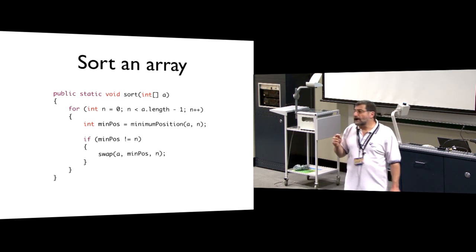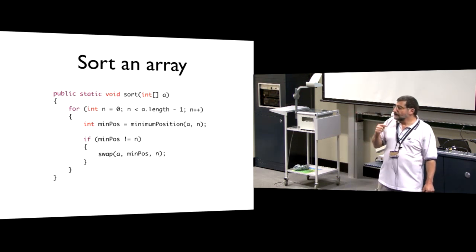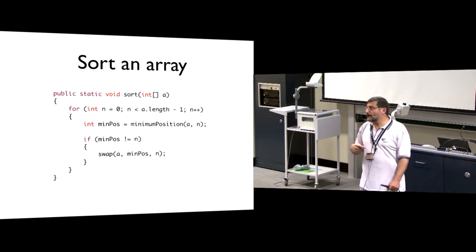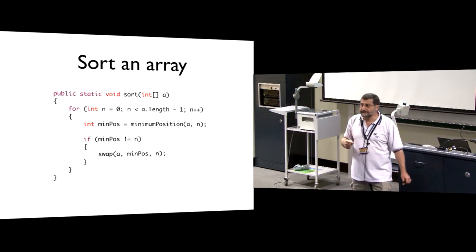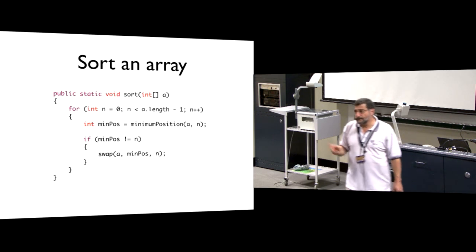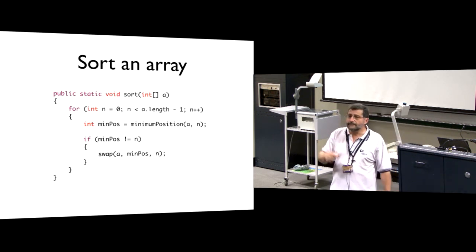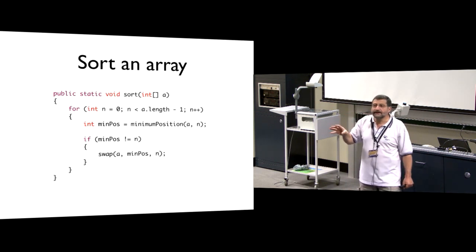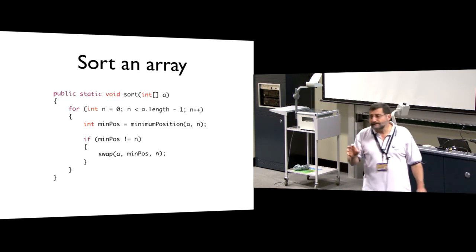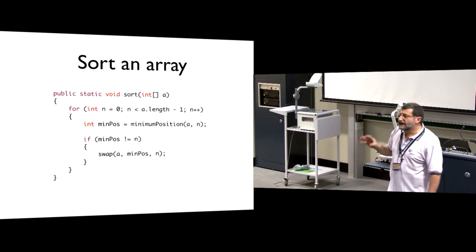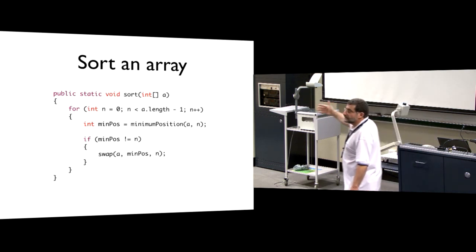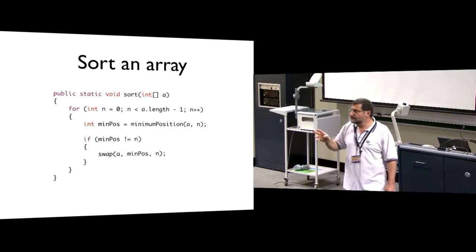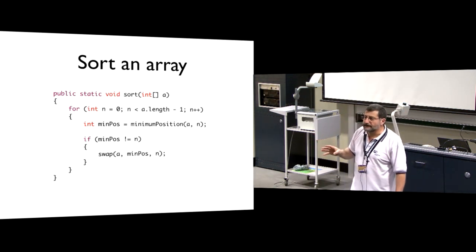Also, by breaking things down, you can reuse code. So those methods, minimum position and swap, might be useful in some other method or callable from some other method. By identifying useful chunks of code and putting them into methods like that, you're usually saving yourself a fair bit of effort, because chances are you come to write some code somewhere else and you think, oh, I've already got something that'll do a swap or find a minimum element, so I can reuse that.